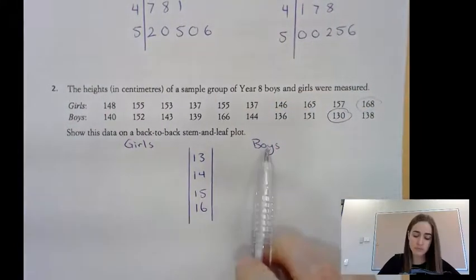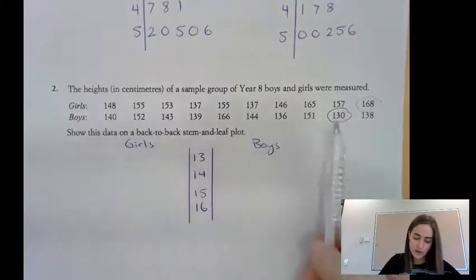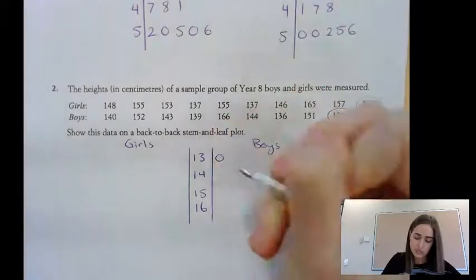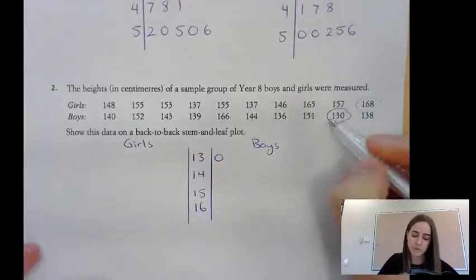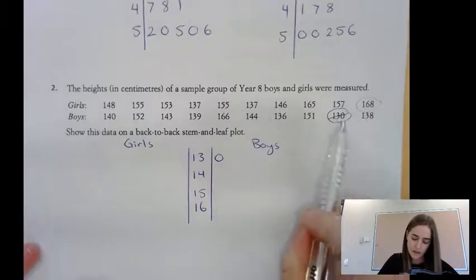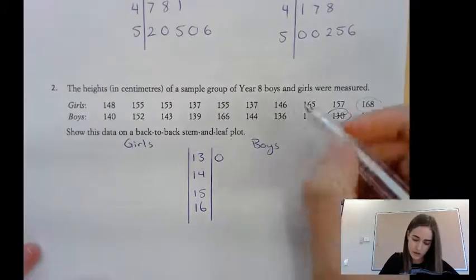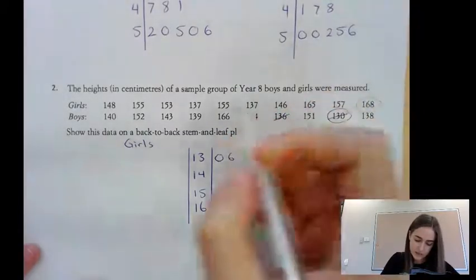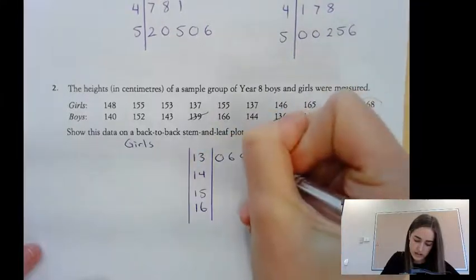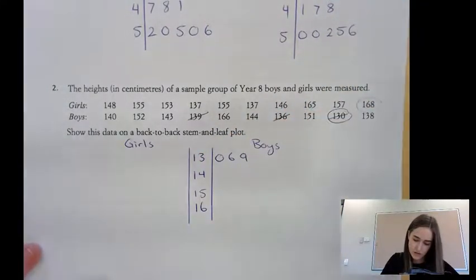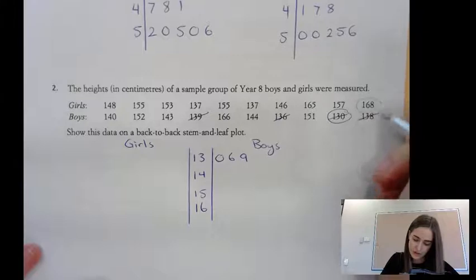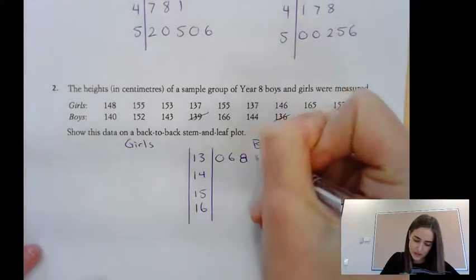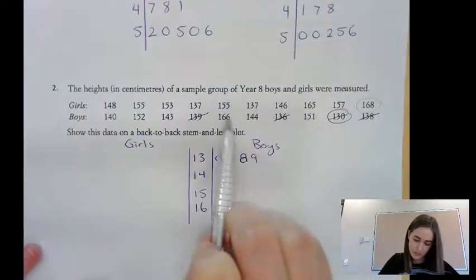So if we go through the boys first, our smallest number there is 130. So I'm going to try and do this as an ordered stem and leaf plot straight off. My next one, I've got a 136 and I've got a 139. Oh no, look, I've messed up already. I had a 138 in there as well. So we can change that to an 8 and add a 9 in there.